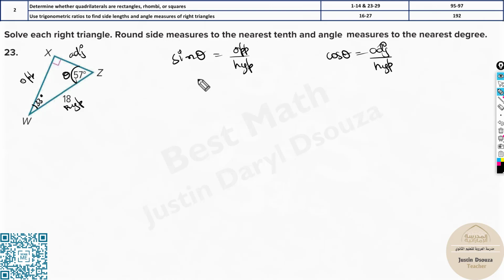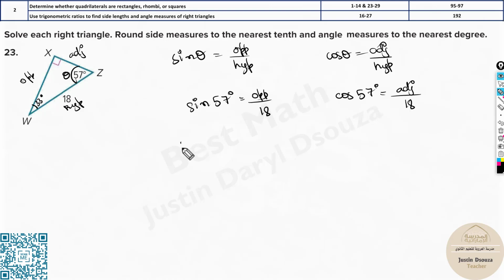And then over here, what I need to do is substitute. Sine 57 degrees equals opposite, which is unknown, I'll just write opposite side itself, over hypotenuse, which is 18. And over here, cosine 57 degrees equals adjacent, which is unknown, over hypotenuse, 18.